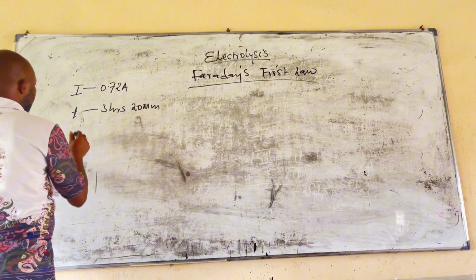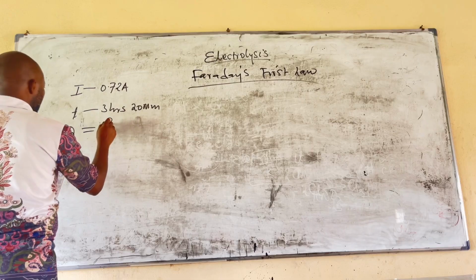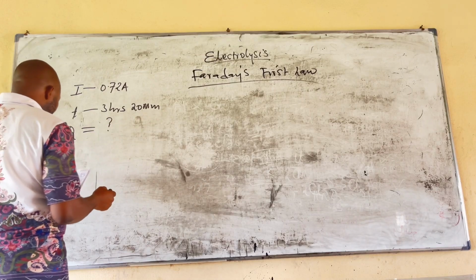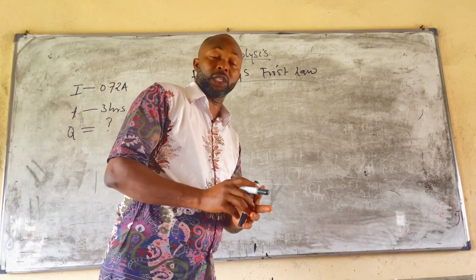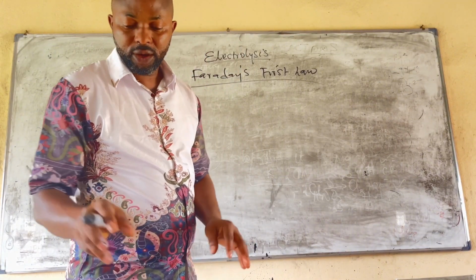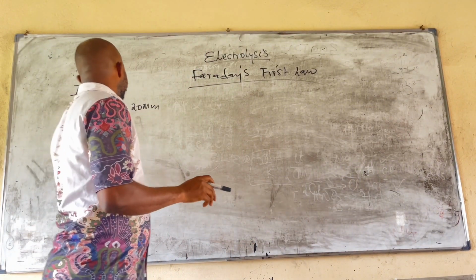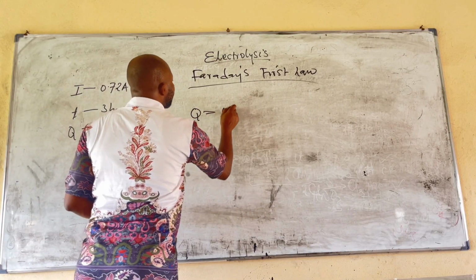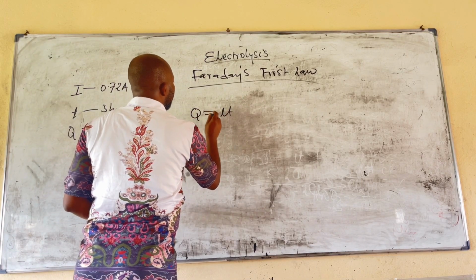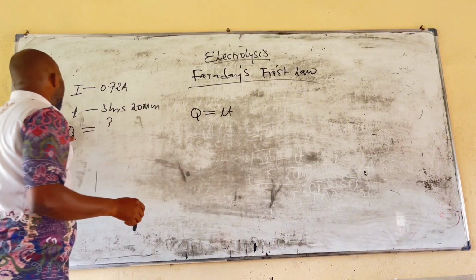Calculate the quantity Q, which we don't know, of electricity that was passed. So this is a direct question, it doesn't need us to think too much. We'll move further to proceed. Remember we say that Q is equal to IT, and that's what we're asked to look for.